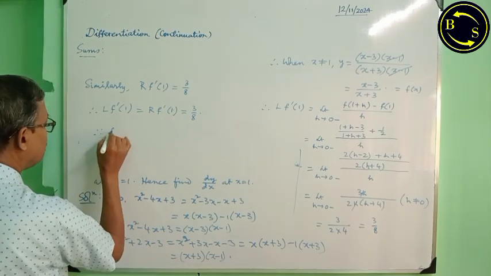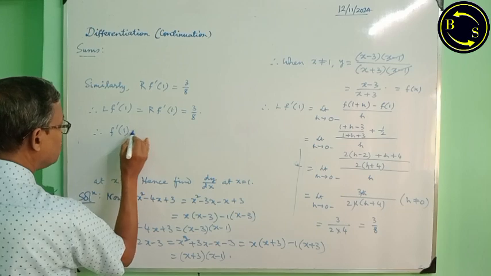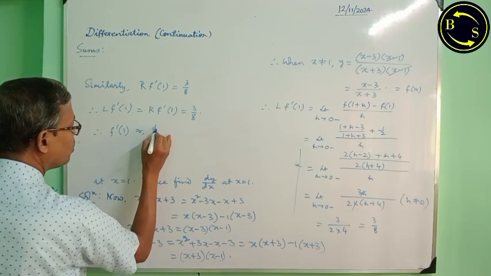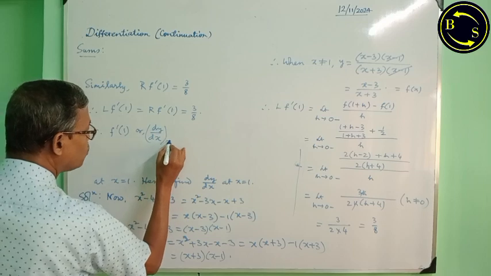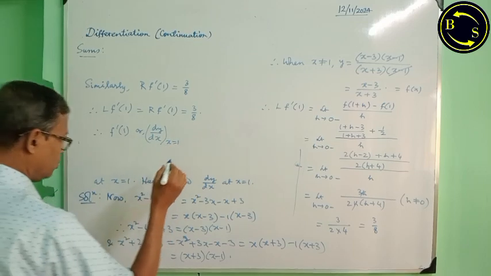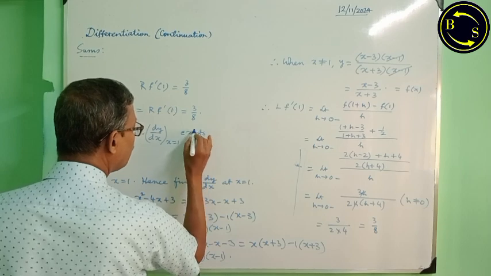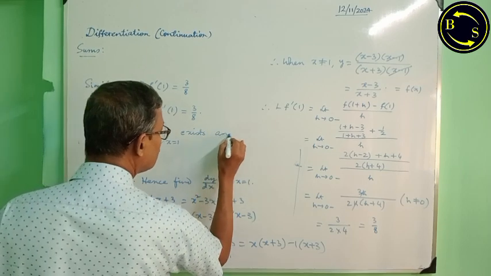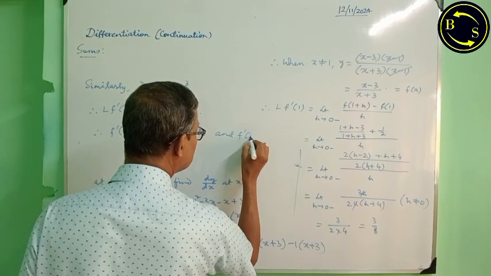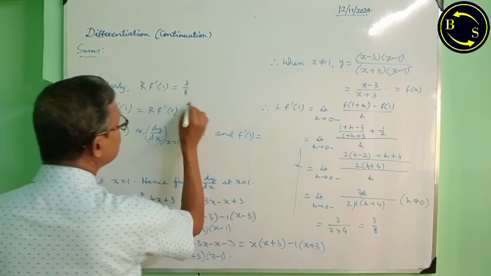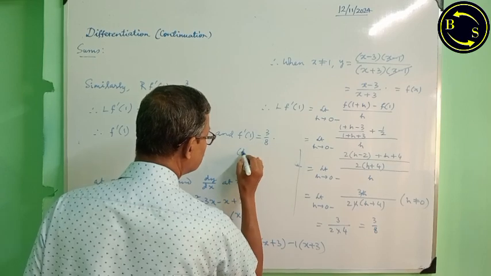Therefore f dash 1, or dy dx at x equal to 1, exists, and f dash 1 will be this value, 3 by 8. Answer.